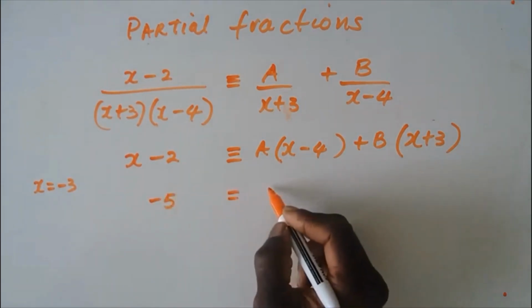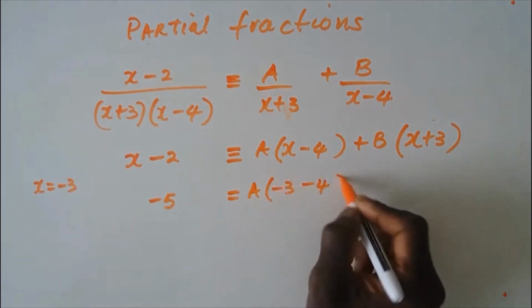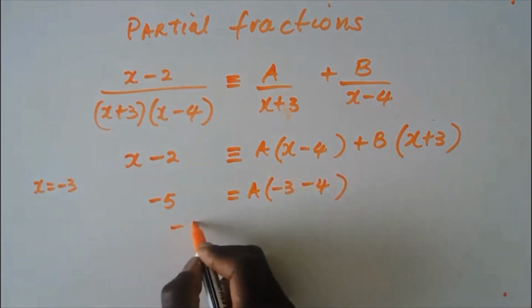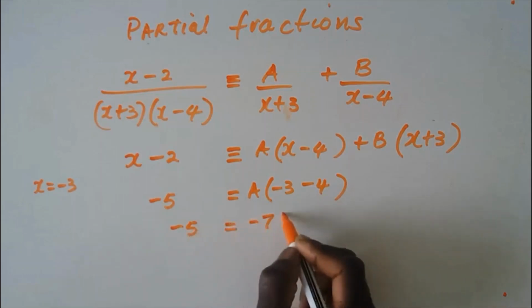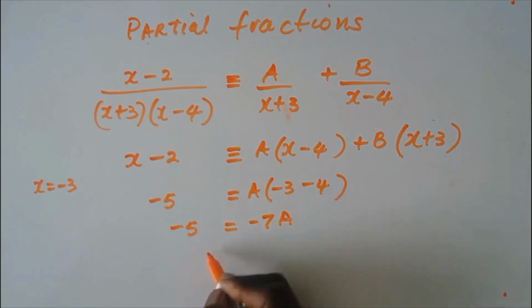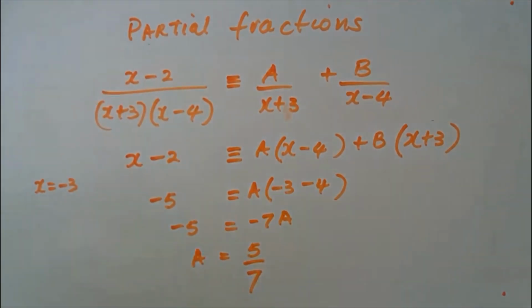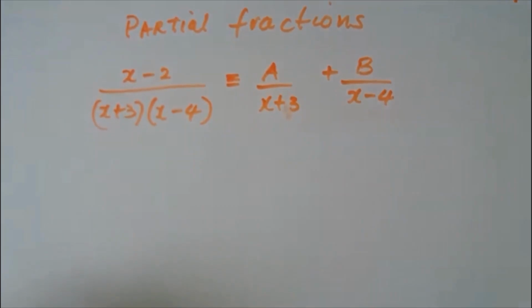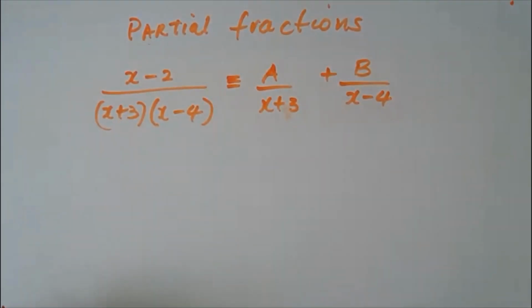And this is equal to a to -3, -4. So we have -5 is equal to -7a. So a is equal to 5 over 7. So now we've calculated our two constants. A, which is equal to 5 over 7, and b equal to 2 over 7.